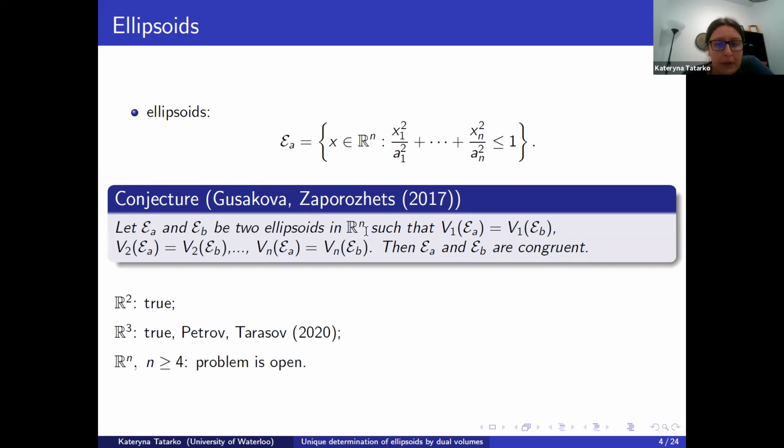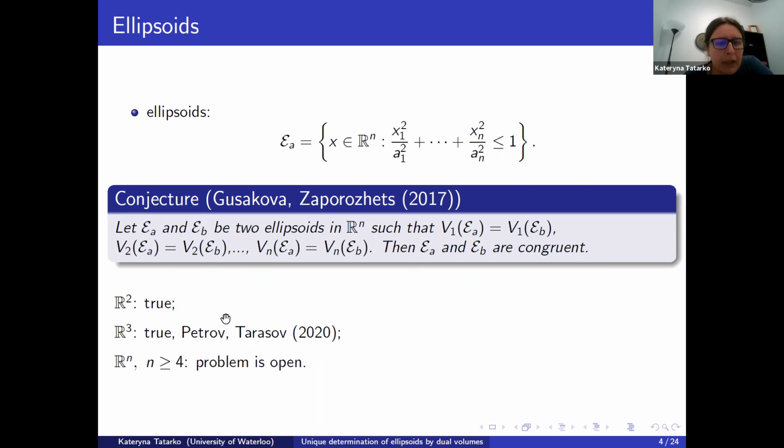Gusakov and Tatarko conjectured in 2017 that if we consider two ellipsoids such that the intrinsic volumes are the same, then the two ellipsoids should be the same, or congruent, which means that they coincide after an isometry. In the two-dimensional case, this result is true, and it's not too difficult to show.